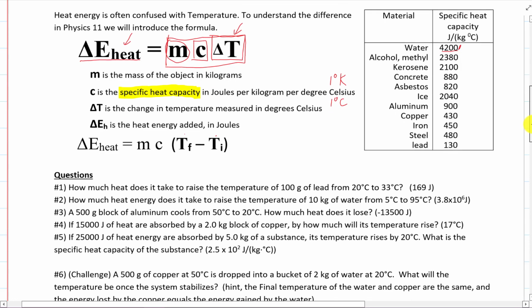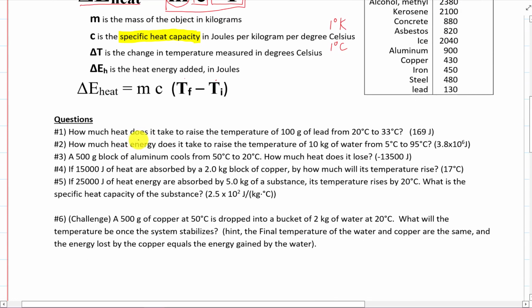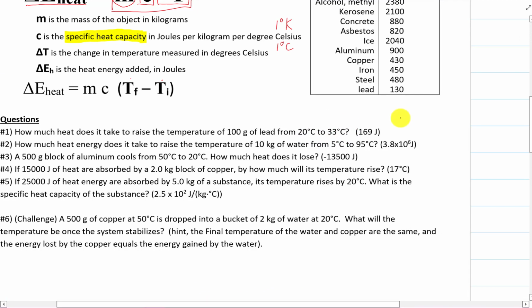Let's get right to the questions right away. How much heat does it take to raise the temperature of 100 grams of lead from 20 degrees Celsius to 33 degrees Celsius? Okay, the heat energy is equal to mc change in temperature.